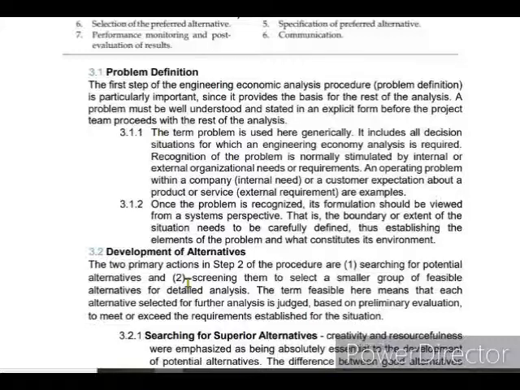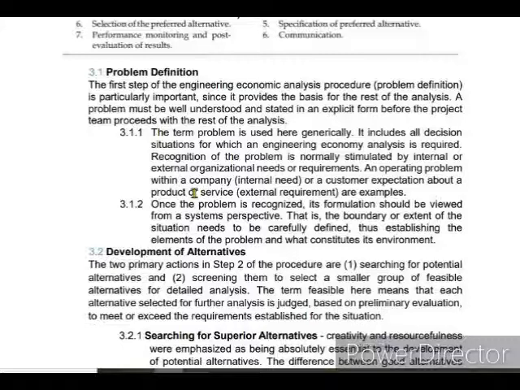Okay. Next, 3.1.1, the term problem is used here generically. It also applies to simple problems. So it includes all decision situations for which an engineering economy analysis is required. So almost all decision situations. Recognition of the problem is normally stimulated by internal or external organization needs or requirements.